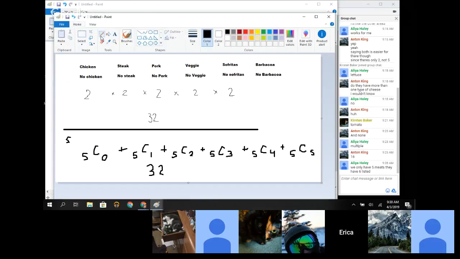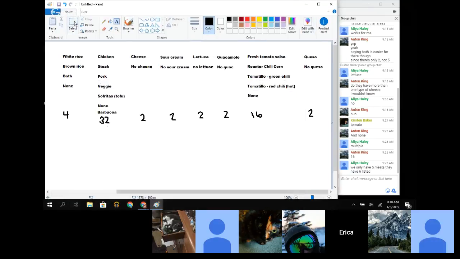So now we have 32 multiplied by 2, which is 64 different meat combinations. Or I should say protein combinations, right? 64 protein combinations. All right, are we accounting for chips or no chips? What do you guys think?